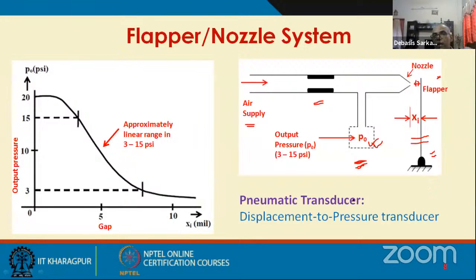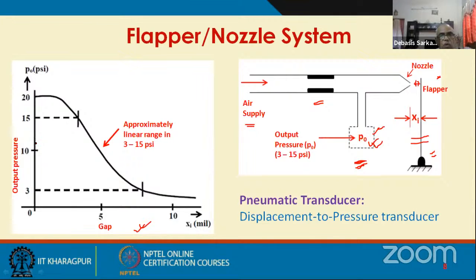Now, if you look at the relationship between this output pressure and the flapper nozzle gap, note that when this flapper comes very, very close to this nozzle, and in the limiting case, when there is no gap between these two, you will get this back pressure the same as the supply pressure. And then it will fall as you take it further away.